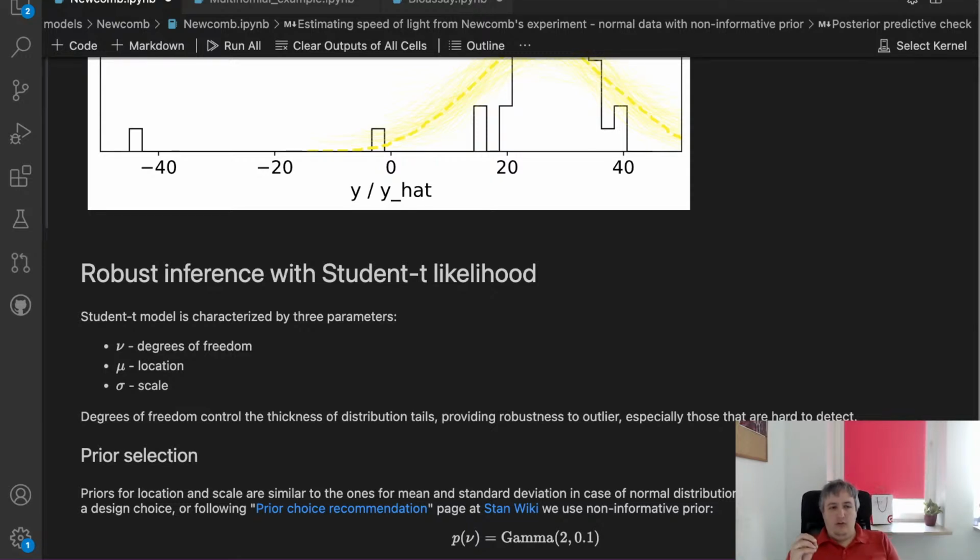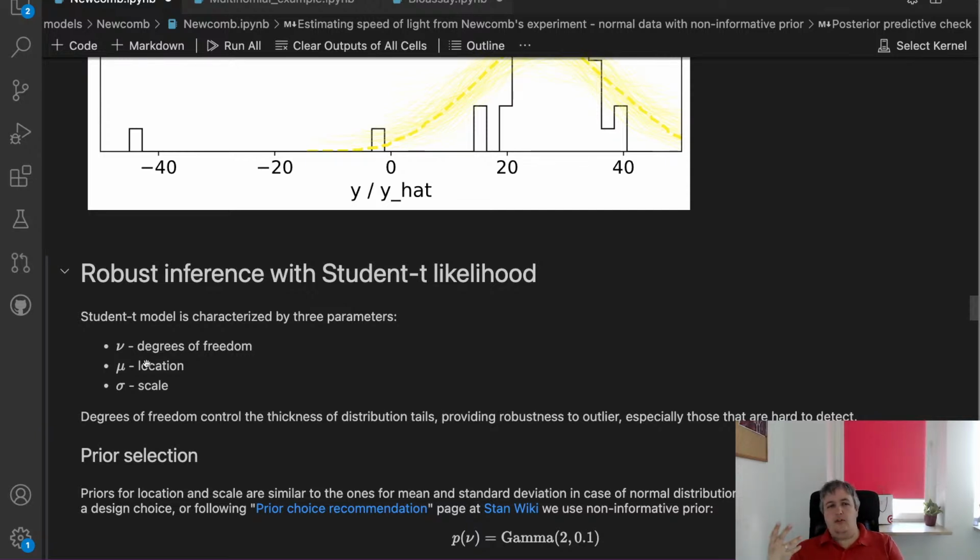And the student t-distribution is a special distribution which is very similar to normal in its shape. However, it has heavier tails depending on the value of nu here, which is traditionally called degrees of freedom, which makes sense if it's an integer. It doesn't make sense if it's a real number, and it can easily be a real number.